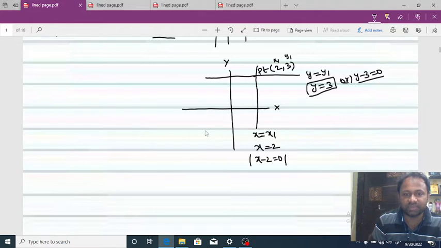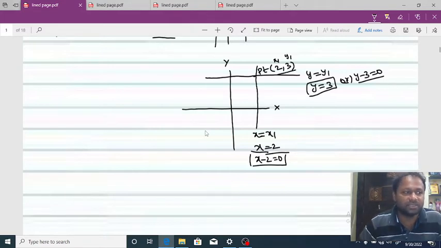So this represents the equation of the vertical line which passes through the point 2 comma 3. This is the way to find the horizontal line as well as the vertical line which passes through the point 2 comma 3. Okay.